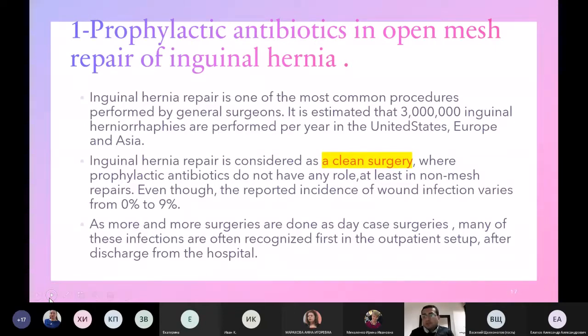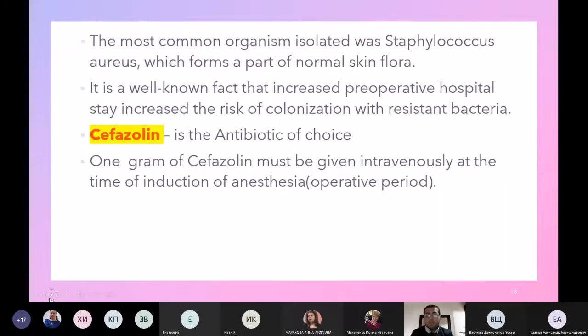Even though the reported incidence of wound infection varies from 1 to 9% and sometimes up to 15%, as more and more surgeries are done as day case surgeries, many of these infections are often recognized first in the outpatient setup or outpatient clinic after discharging the patient from the hospital.